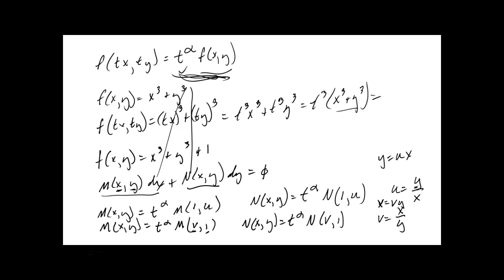But now they say, what if this m of xy is homogeneous, but not in xy, but in u, where u is y over x, or change the m of xy and n of xy too, by the way, both of these, to v1, and it's homogeneous, but v is x over y.